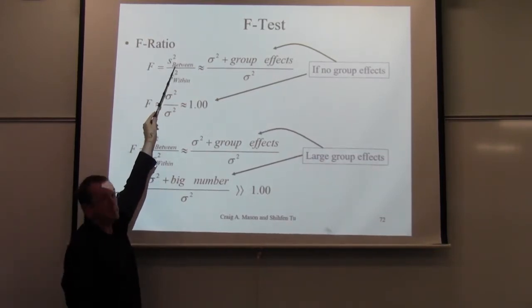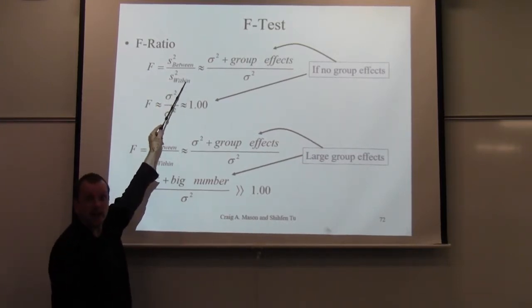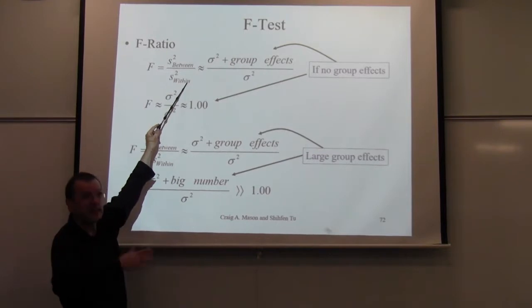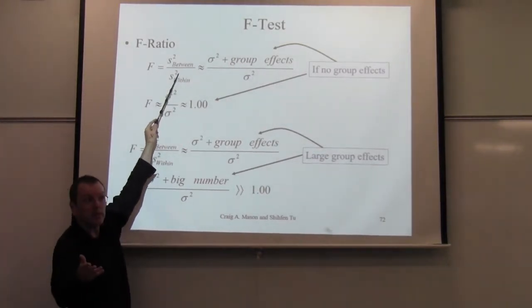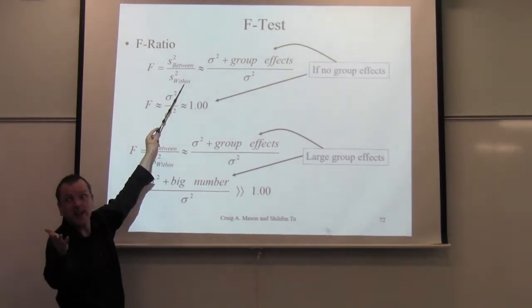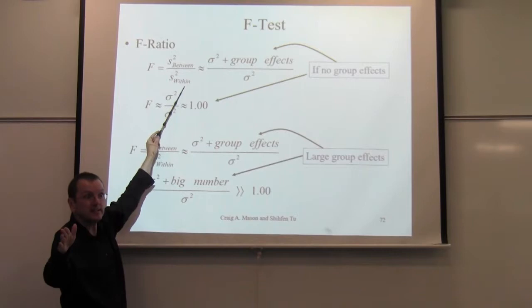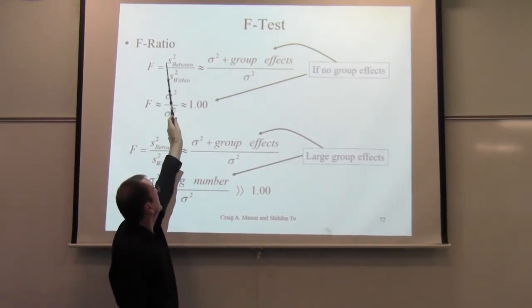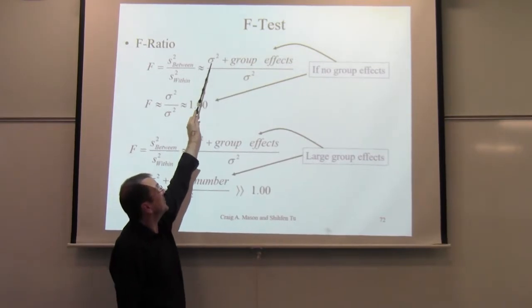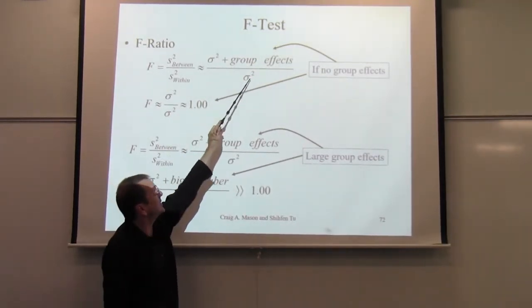My variance between, divided by my variance within. It's exactly the same, just variances instead of differences between a mean and standard errors. Otherwise, it's functionally exactly the same. It's approximately equal to sigma squared plus whatever group effects, divided by sigma squared.